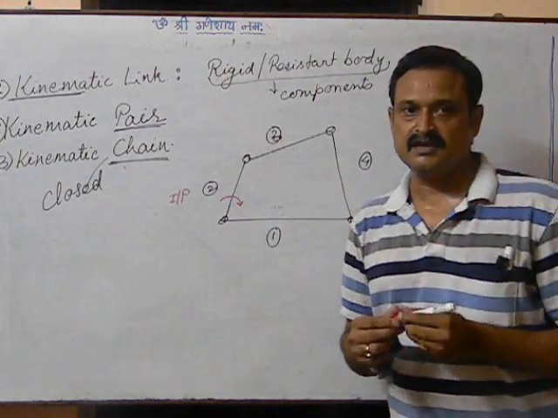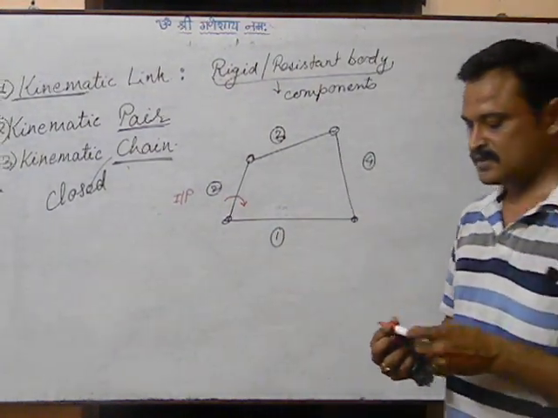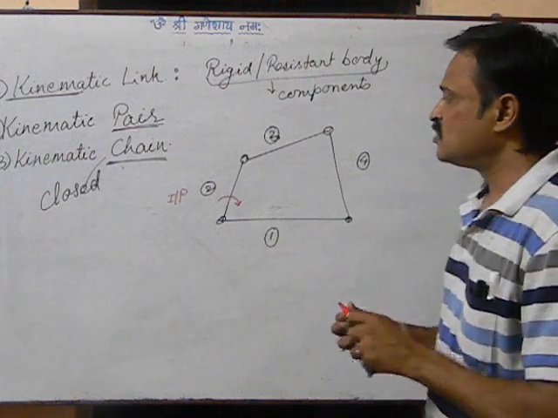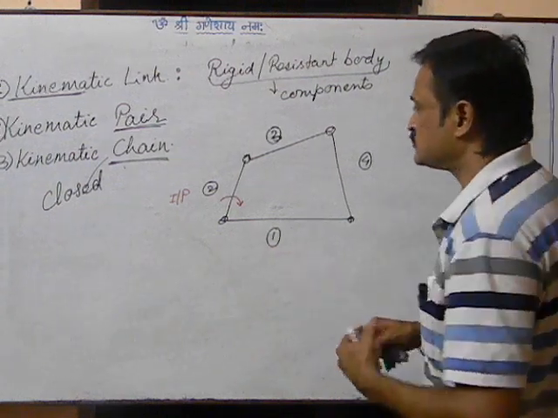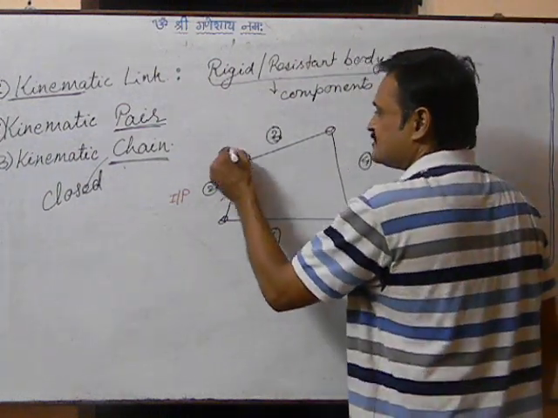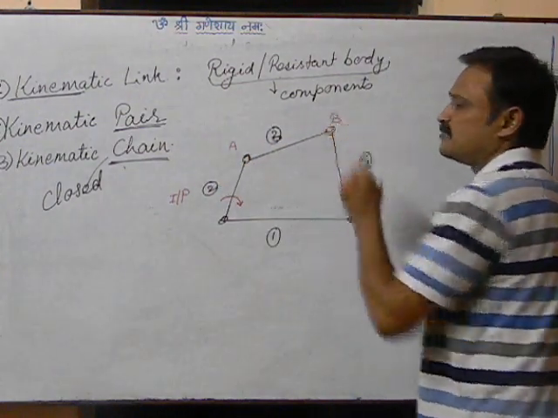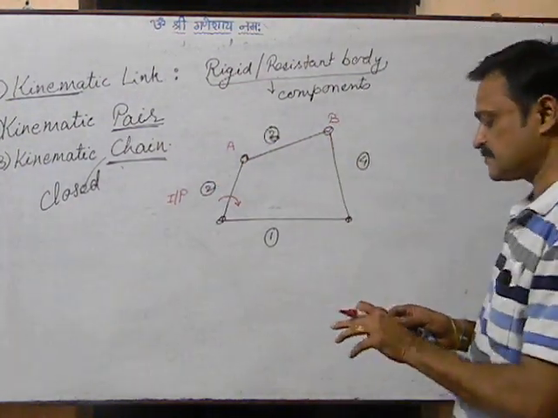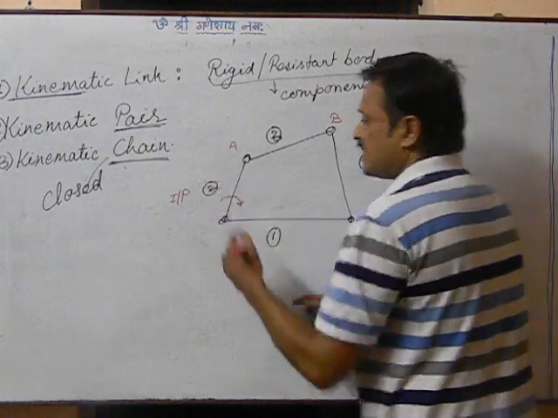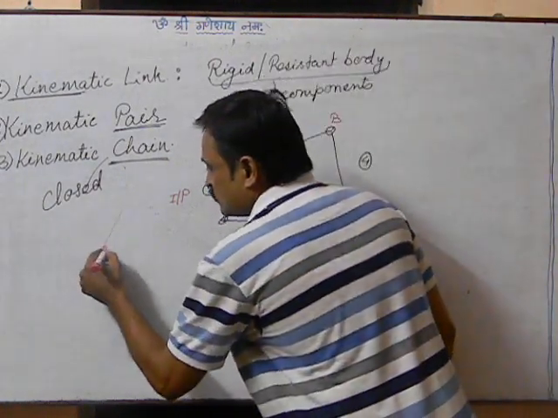I turn link number 2. Now as this is rigid, I name these joints. Let us say this is joint A, this is joint B. Just have a look at this situation. This is link number 2 which is joined here.